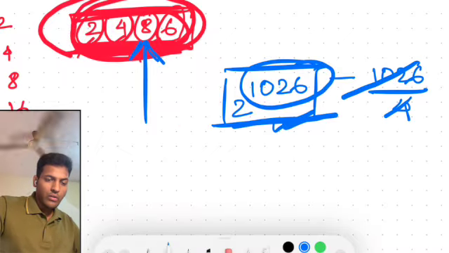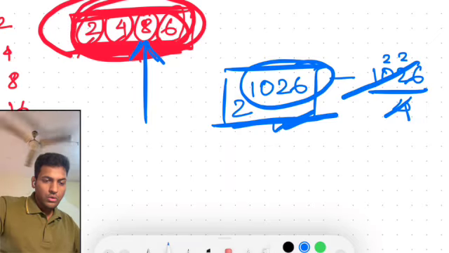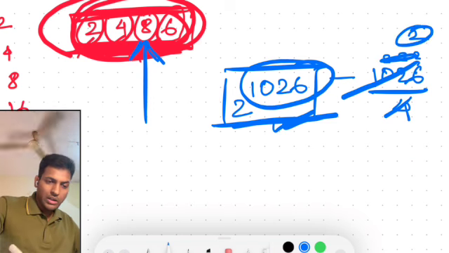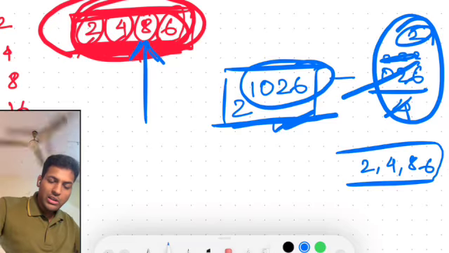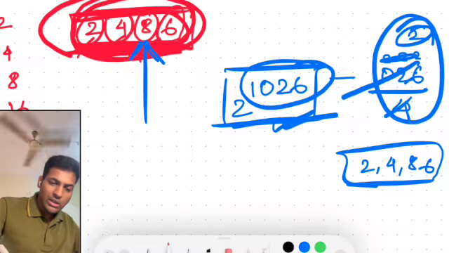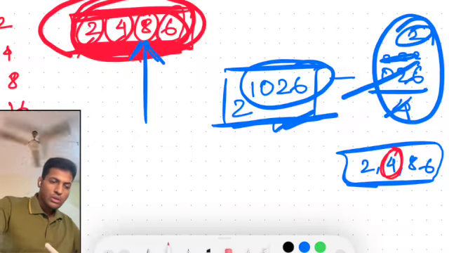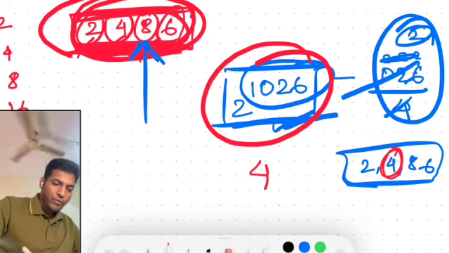You will try to divide: 2 times 2, again 2, 2, 6, again 2. So basically 2 is the remainder. Now I already told you, write the pattern 2486. If the remainder is 2, you already know what is the answer. This one is the answer. So in this case, the unit digit will be 4.